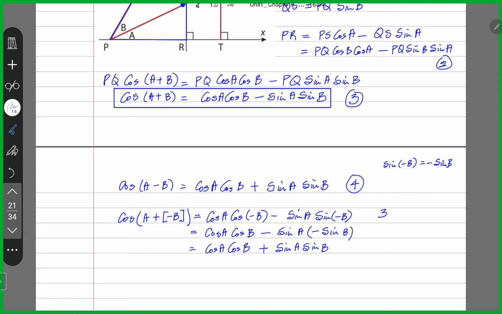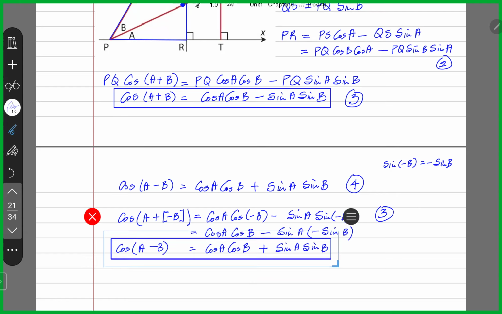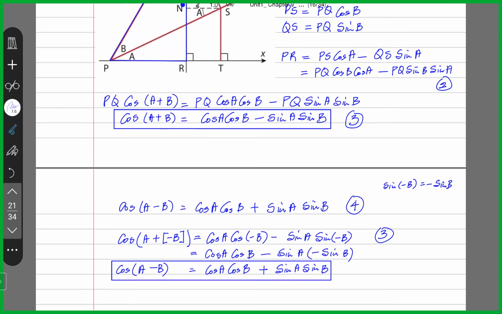So this is 3. And we ended up with cos A minus B is equal to cos A cos B plus sine A sine B. This is another compound angle formula, and this is 4, and we just used 3 to prove that 4 is true. Let me bring it down so you can see all of it.